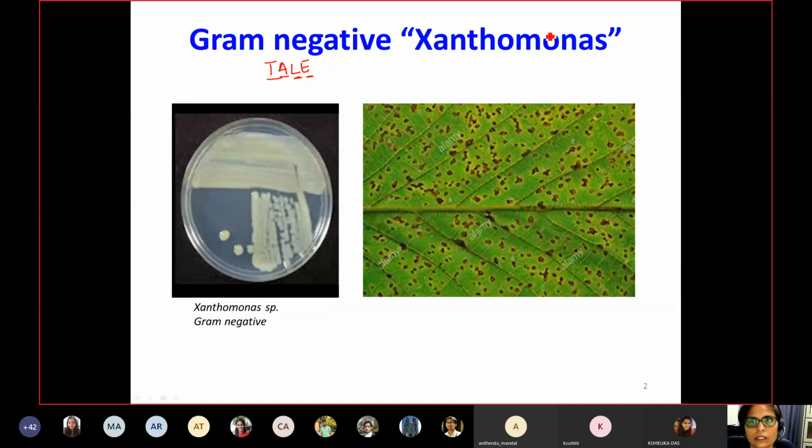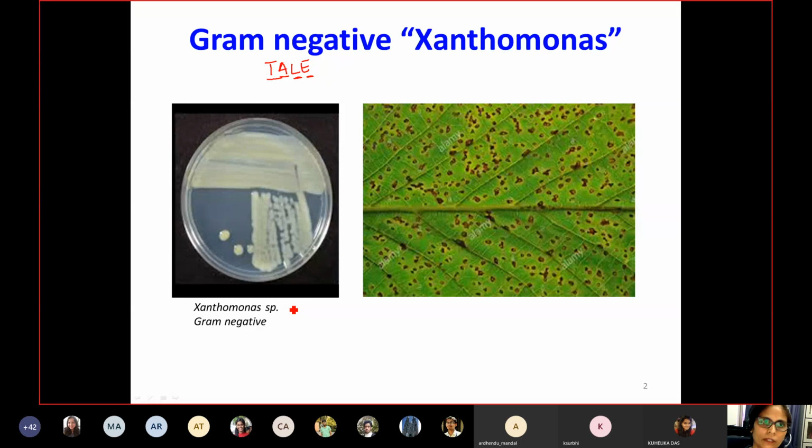So the TALE story starts with your gram-negative bacteria and the plant system, right? So far what we have seen, either it is bacteria or Xenopus, from where the transcription factor was coming. But in this case, it is coming from your gram-negative bacteria, and it actually infects different kinds of plant systems. So we will see how it infects and what is the story behind your TALE.